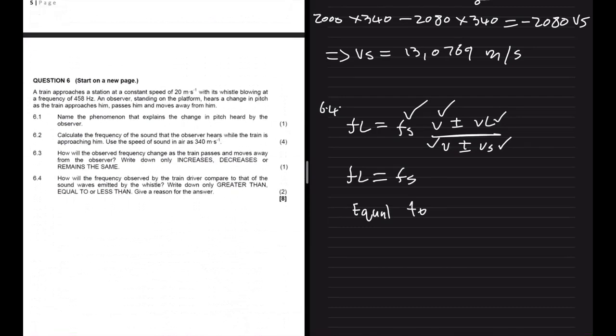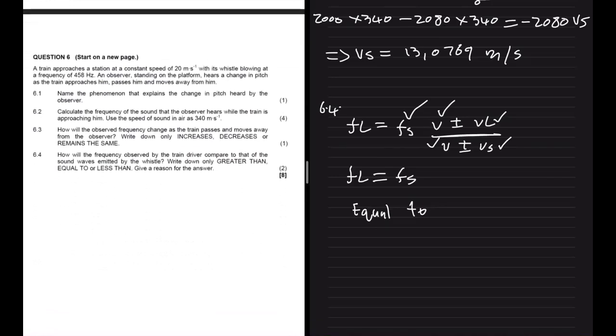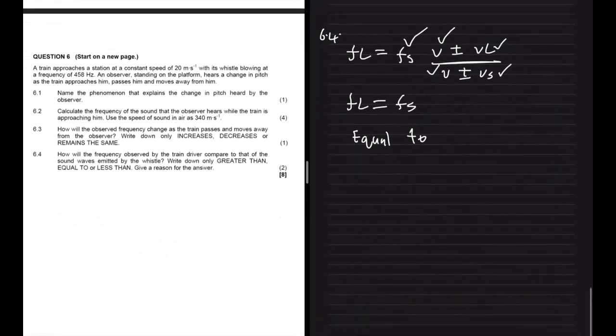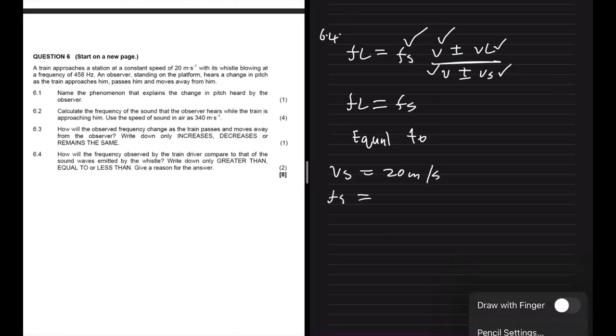Question 6 again. A lot of question 6, it seems. A train approaches a station at a constant speed, with its whistle blowing at a frequency of source 458 Hertz.